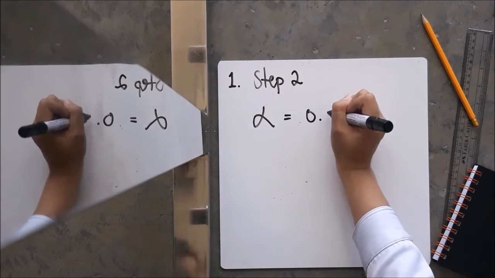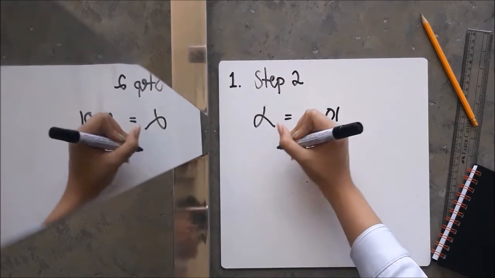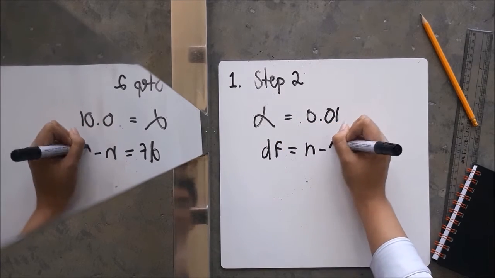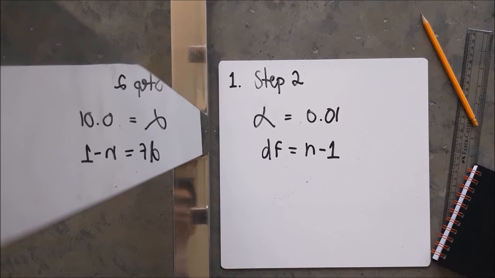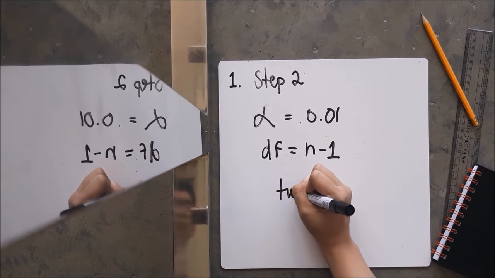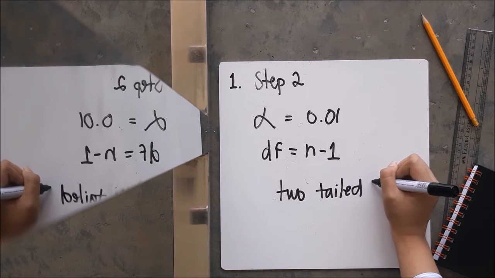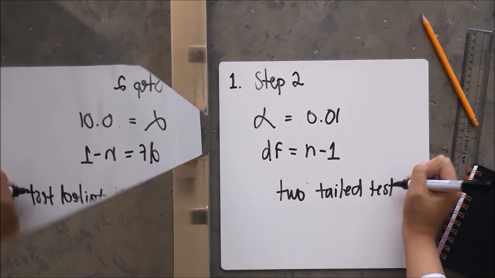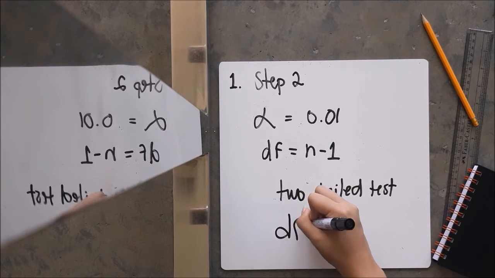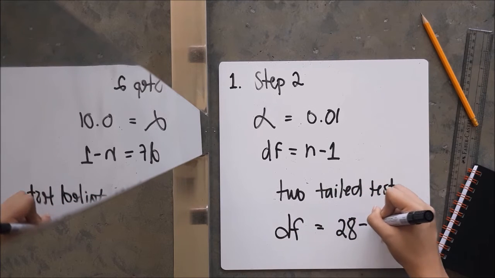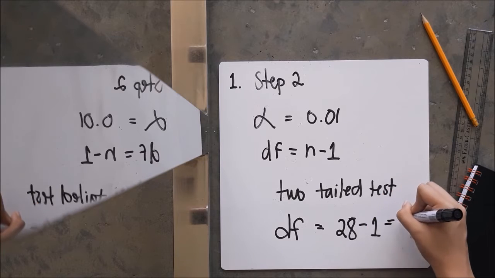The alpha is equal to 0.01. And it is a two-tailed test. And the DF is 27.